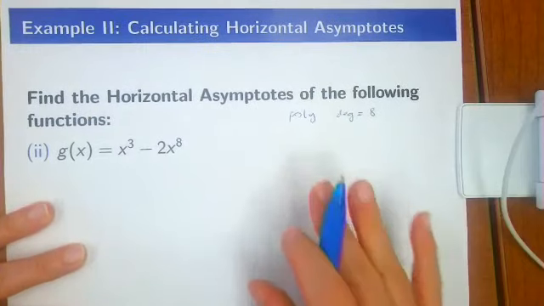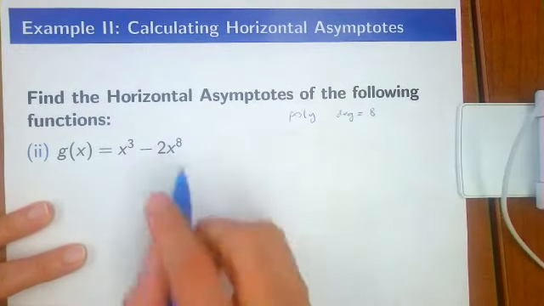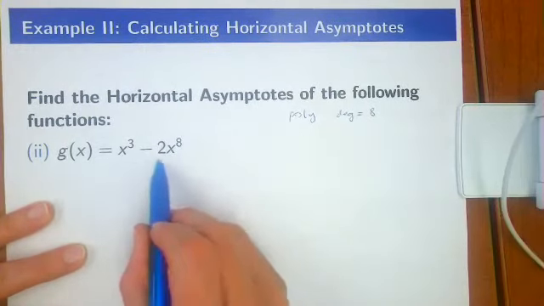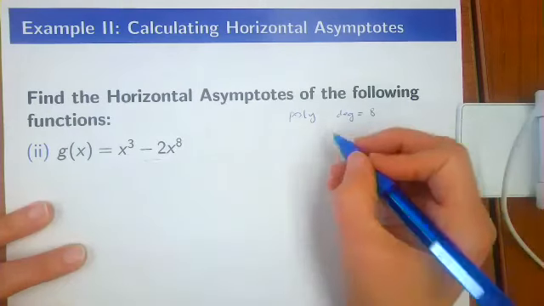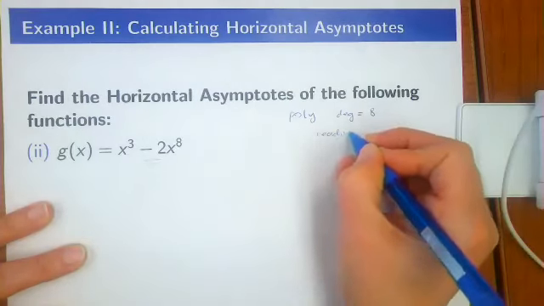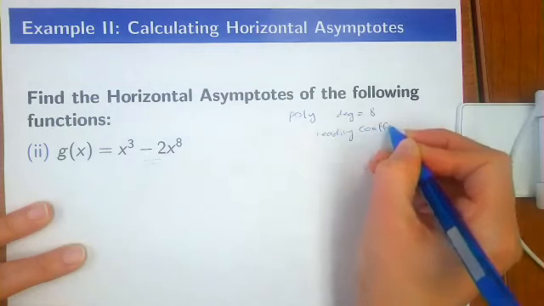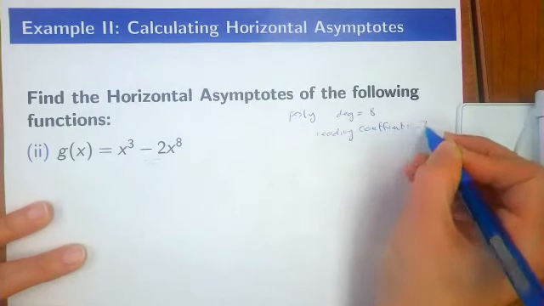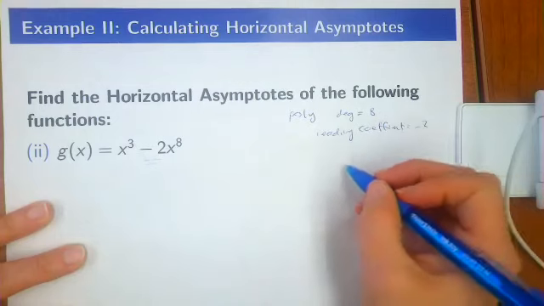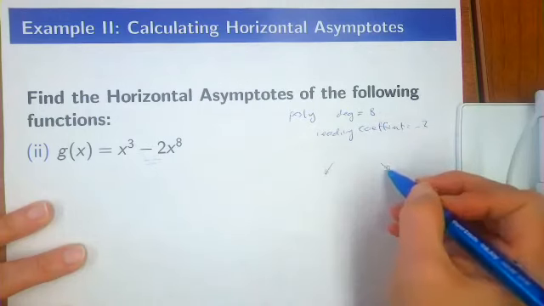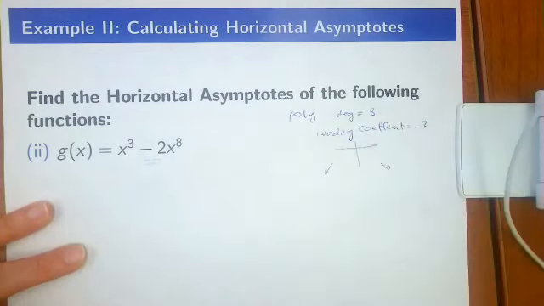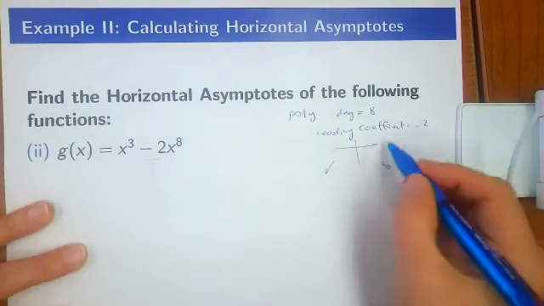And therefore, the end behavior follows the leading coefficient, which is equal to -2, and therefore I'm expecting downward on the two ends, basically.